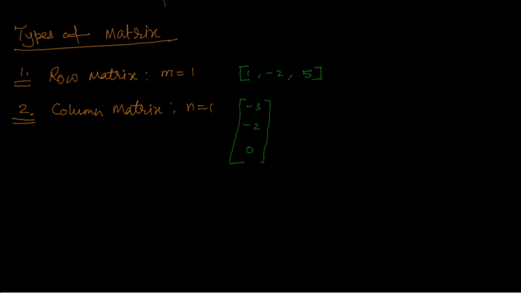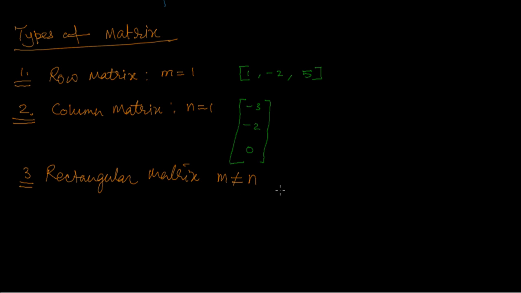Number third, rectangular matrix. In a rectangular matrix, M is not equal to N, the number of rows is not equal to the number of columns.